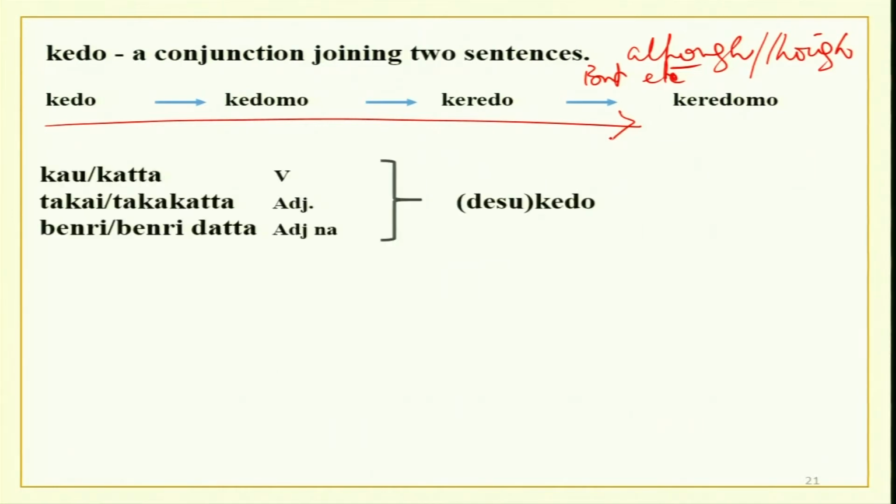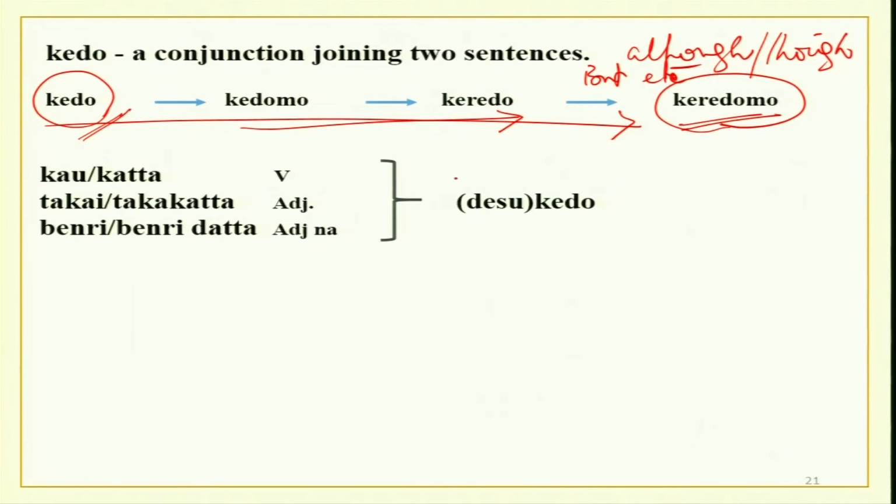So, now what is the grammar over here? Though you can change kedo and keredomo, but kedo is to be used with friends and keredomo is to be used with seniors. These of course are used, but you can very well see that this is the most polite and the least polite.